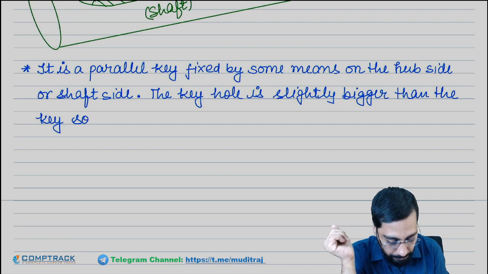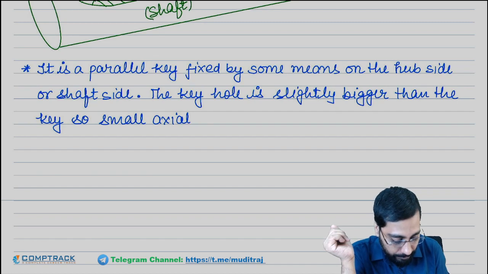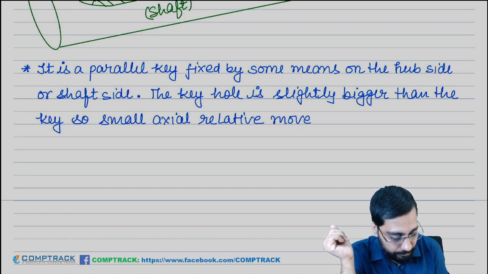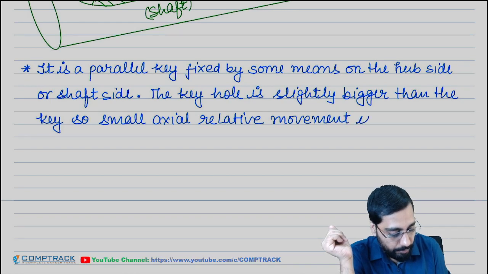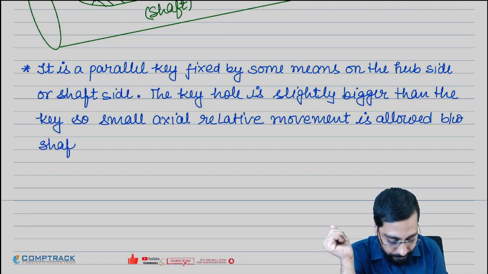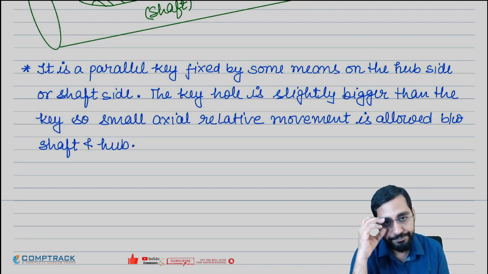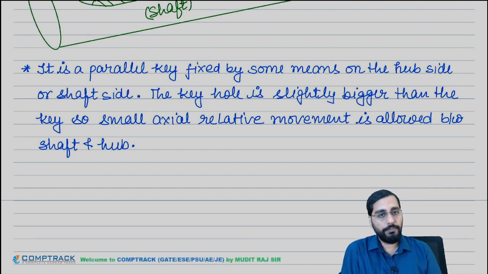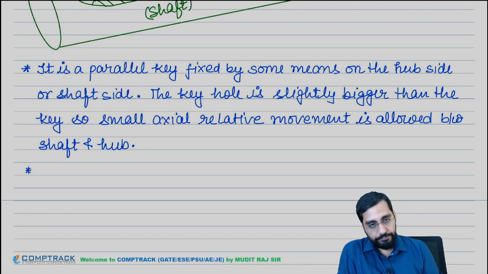So, small axial relative movement is allowed between shaft and hub. Okay. This is the thing. Next.